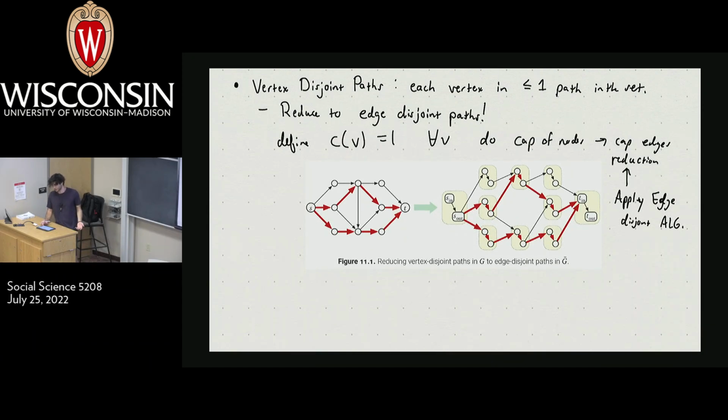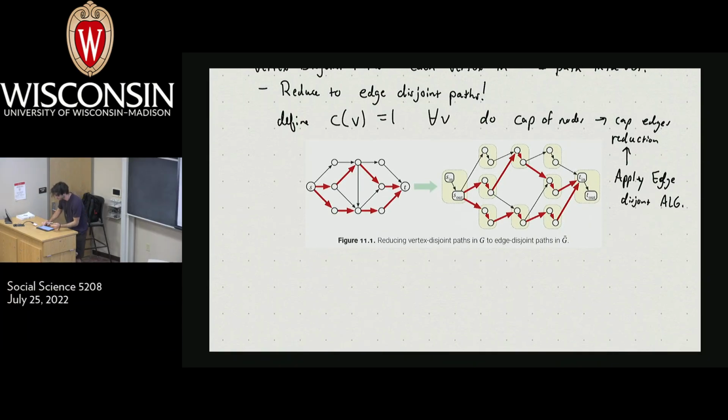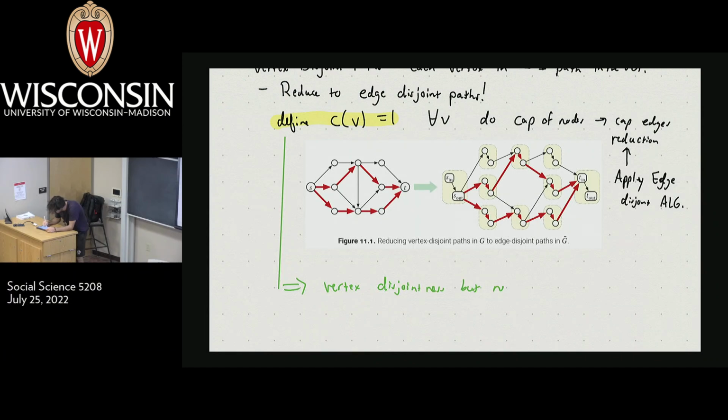So why will this correctly be vertex disjoint paths? Because literally the capacity says we can't use that vertex more than once. So it'll definitely be a set of vertex disjoint paths, not necessarily the maximum. So because of this condition here, this implies vertex disjointness, but not maximality.